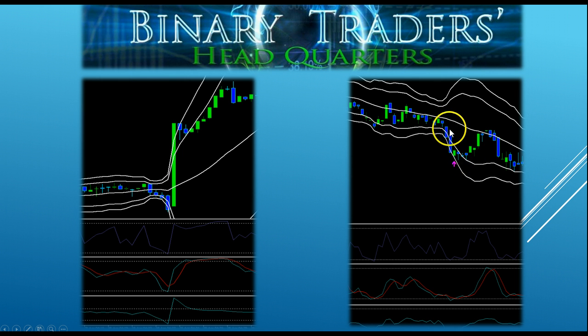Oftentimes you're going to get an arrow signaling, let's say, a call on a bearish candle which is going down, and you would get your arrow here and price would go up from there.